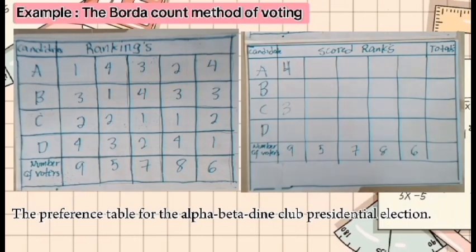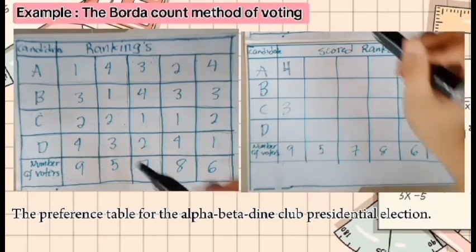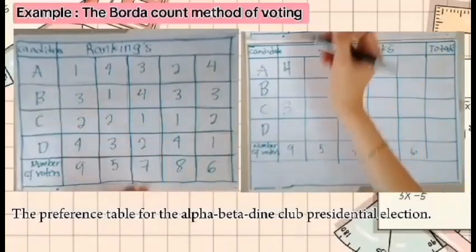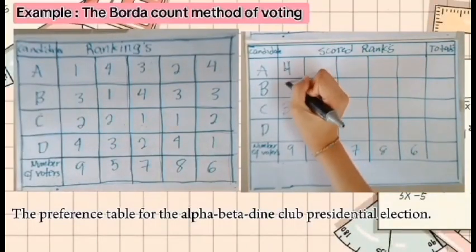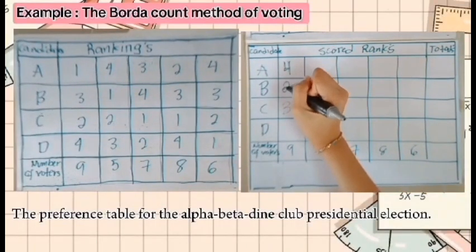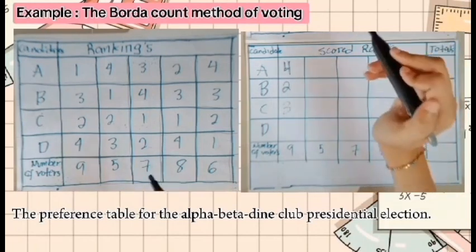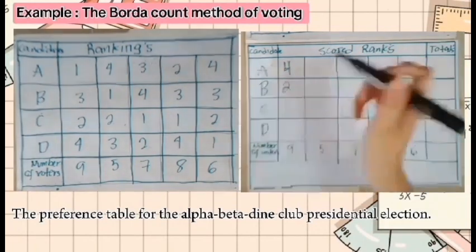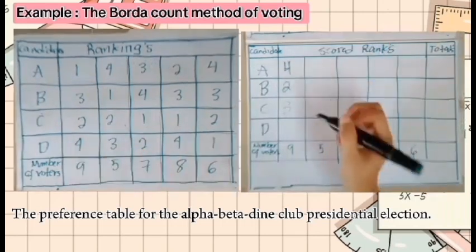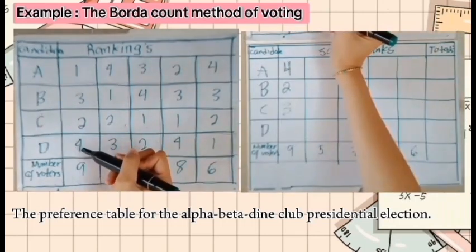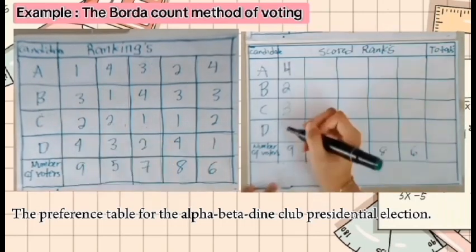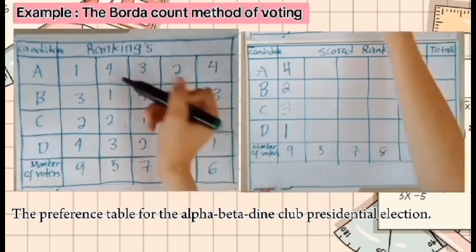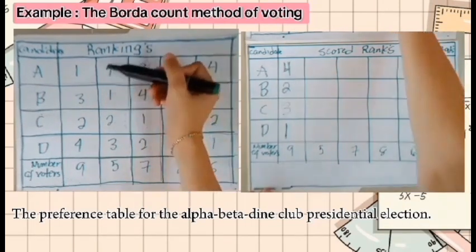Si candidate B naman ang nakakuha ng rank 3, so bibigyan natin ng 2 points. Ang last place, ang nakakuha ng rank 4, si letter D. So, siya makakakuha ng 1 point.